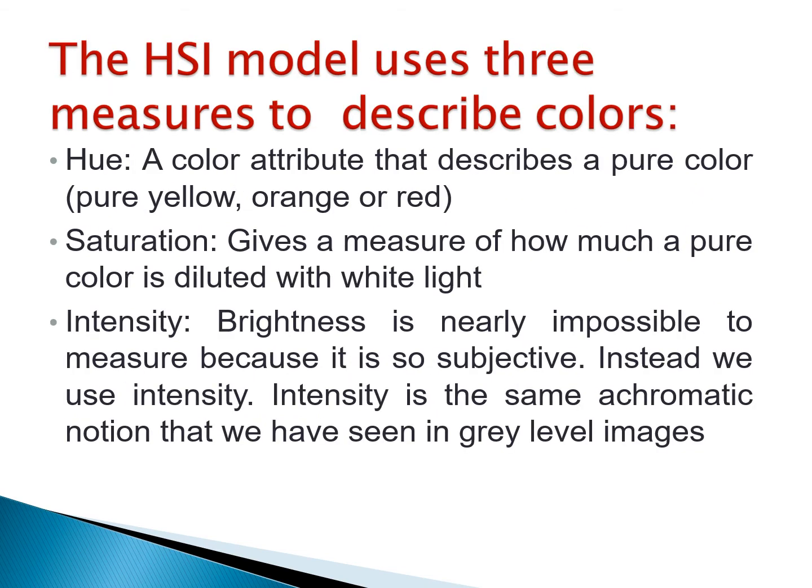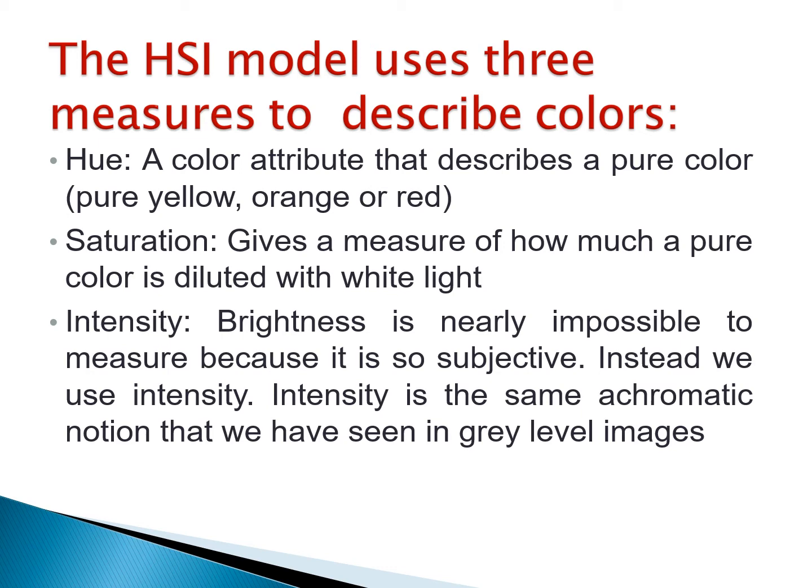The HSI model uses three measures to describe colors: the hue, saturation and intensity. We know that the hue describes the maximum wavelength of one particular color component, so it can be a yellow color or an orange color or a red color. The saturation is how much this particular pure color is combined with the white color.